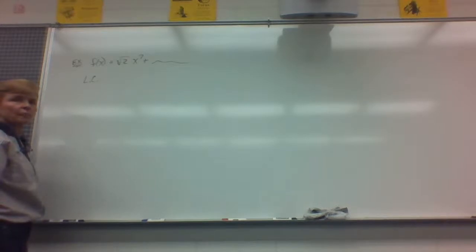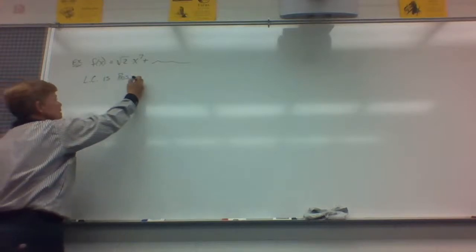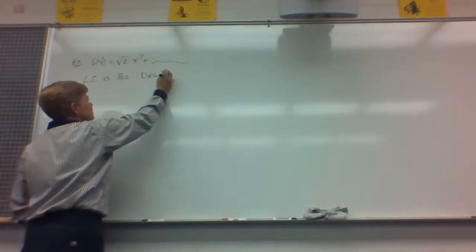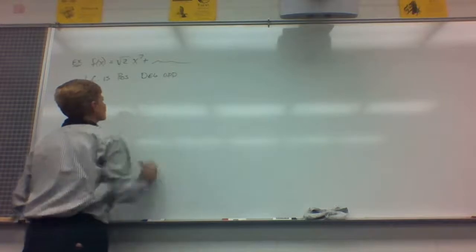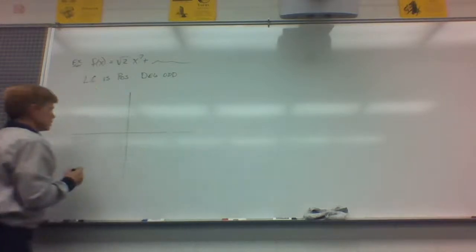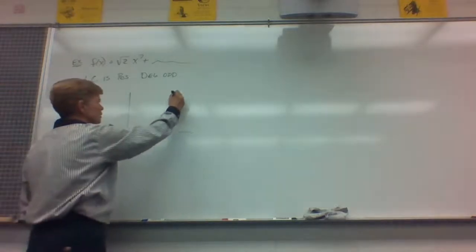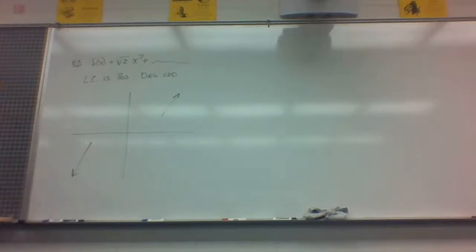Positive or negative. Leading coefficient is positive. And the degree is odd. So we've got that situation, and I'm here to tell you this is what's going to happen. It's going to go low over here and end up high out here. What happens in the middle? We don't care.